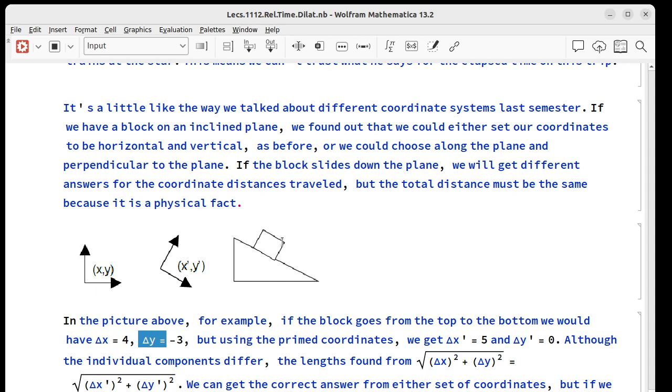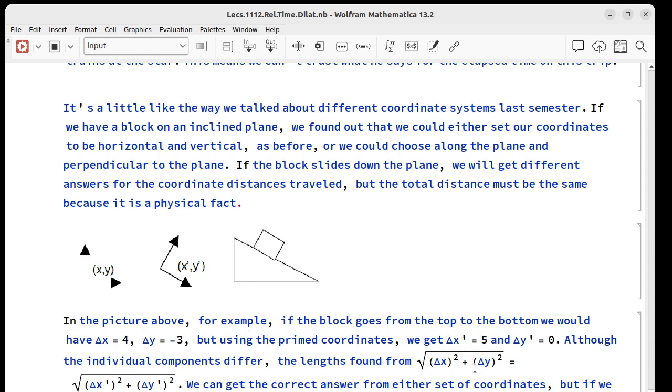If you use the prime coordinates, you'd say there is no delta y prime change, it doesn't go up or down. Delta x prime is 5. The components are different, but the lengths agree. So if I do 4 squared plus -3 squared and take the square root, I get 5. If I do 5 squared plus 0 squared and take the square root, I get 5. The physical thing, we agree no matter what.